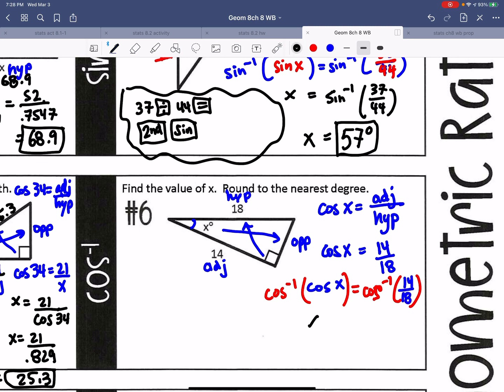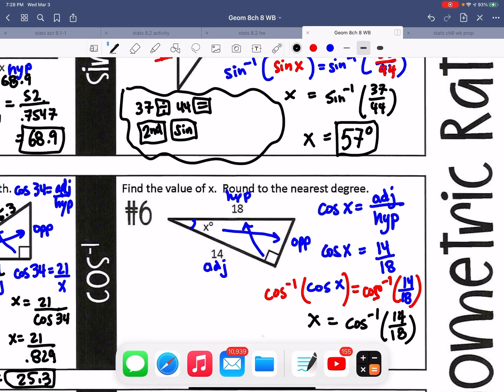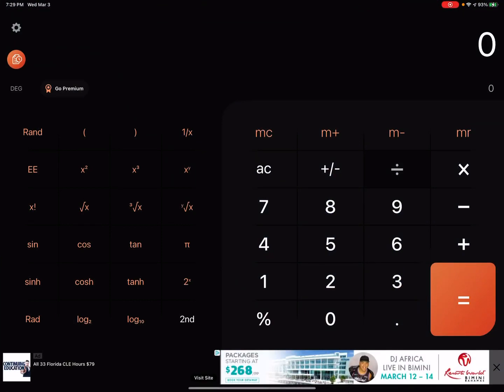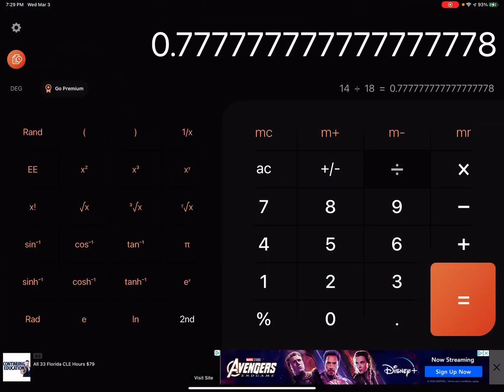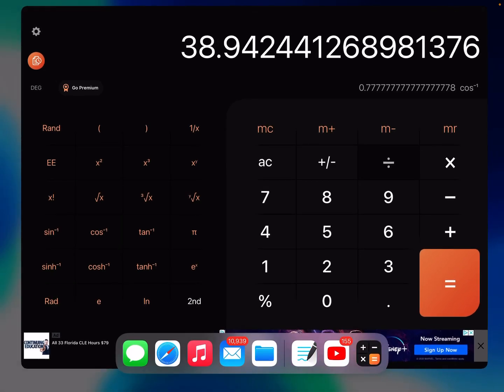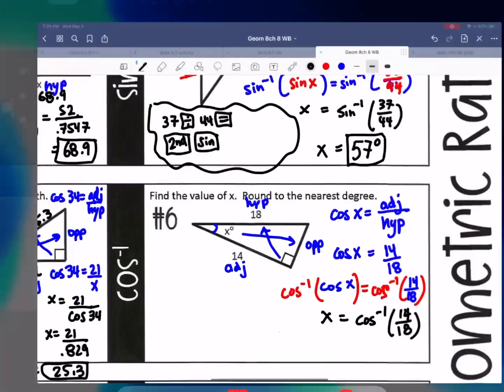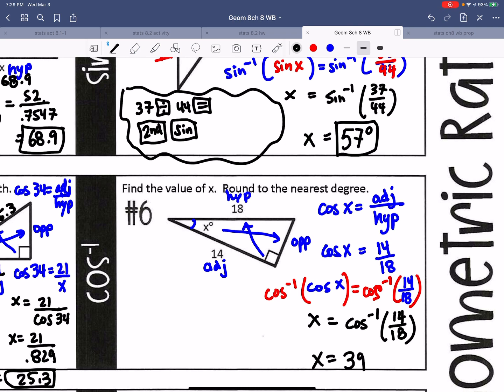All right, and this side turns to x, and this side, 14 divided by 18, inverse cosine. 14 divided by 18 equals, second, cosine. So I get 38.9. That'll round up to 39 degrees. So plugging it in, that looks right.